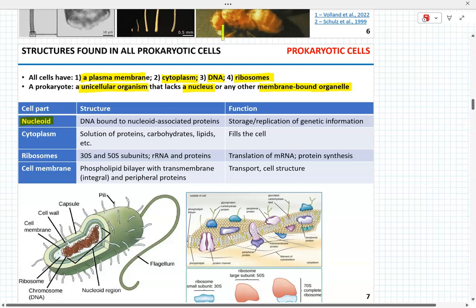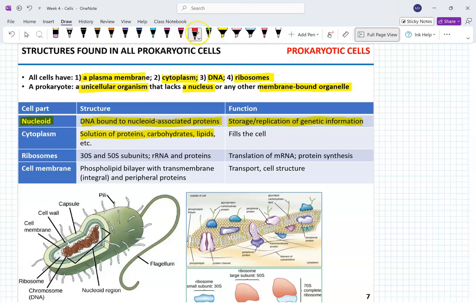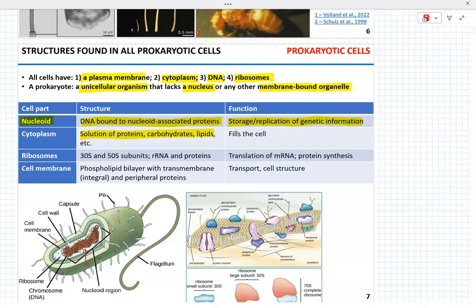It's a single circular DNA molecule that is bound to so-called nucleoid-associated proteins. The main function of the nucleoid is to store and replicate genetic information. The nucleoid is submerged into cytoplasm, a gooey solution of proteins, carbohydrates, and lipids that fills up the cell.